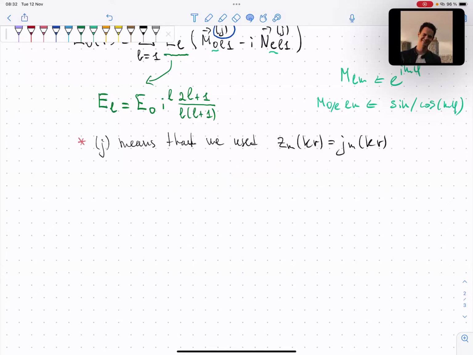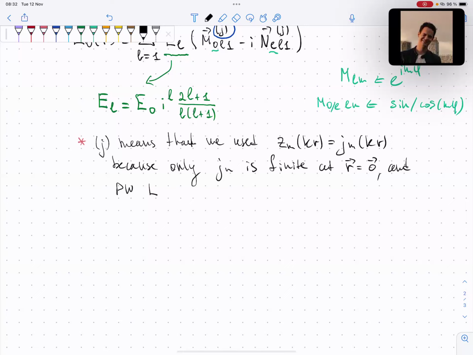So here we used these Bessel functions because only j is finite at r equals 0, and the plane wave is finite at the origin. Okay.